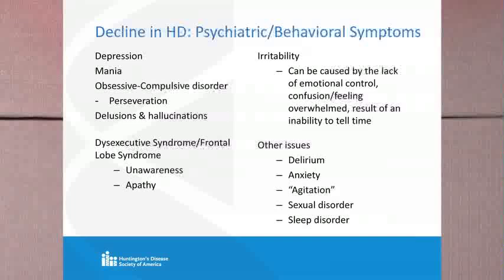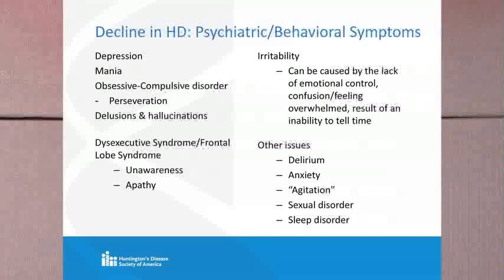The dysexecutive syndrome or frontal lobe syndrome of unawareness and apathy in particular can be particularly problematic. In terms of irritability, people can have a lack of emotional control and can feel overwhelmed very easily, resulting in a sense of and behavior of irritability.